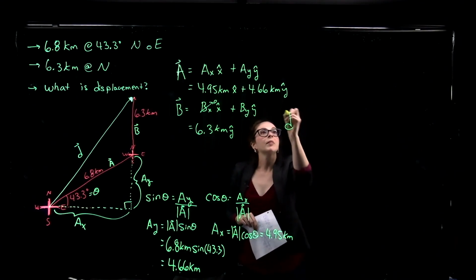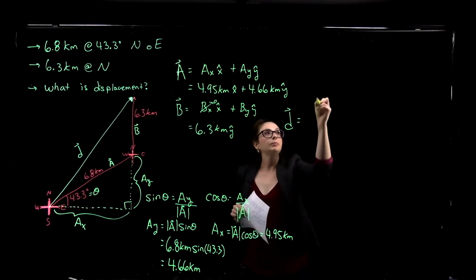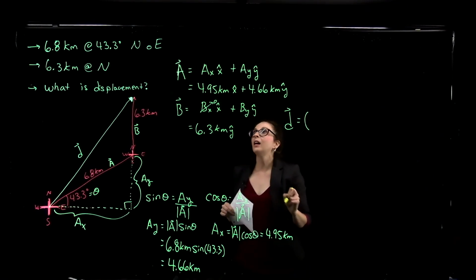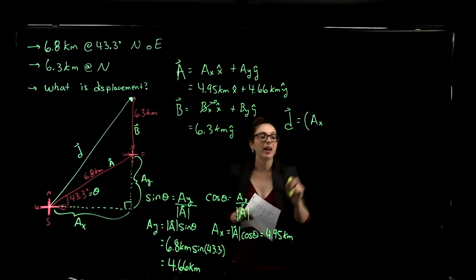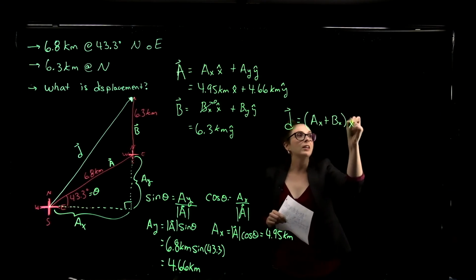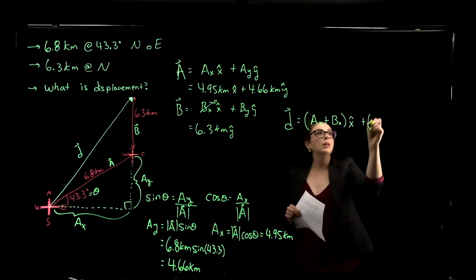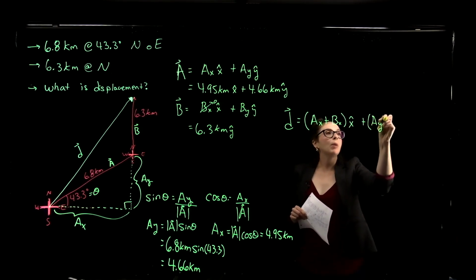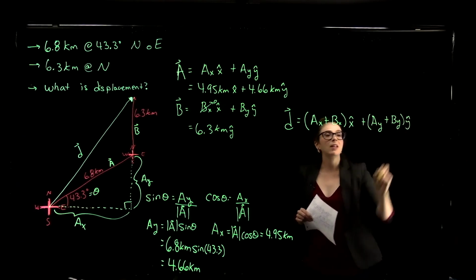So this vector is going to be the sum of the X component of my A vector plus the X component of my B vector, plus the sum of the Y component of my A vector plus the Y component of my B vector.